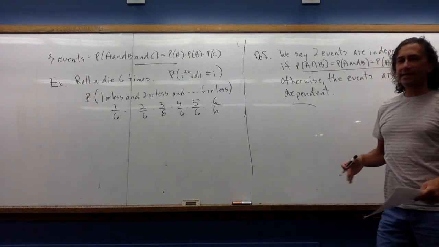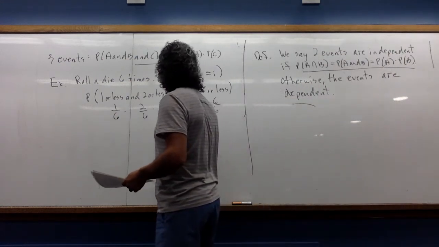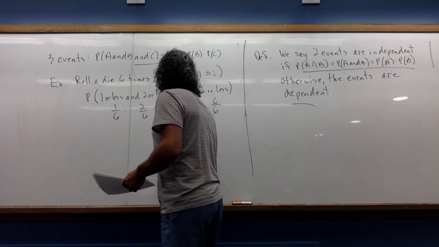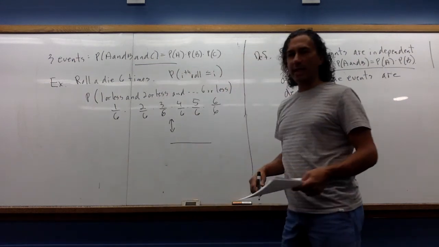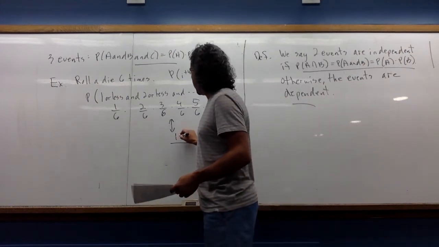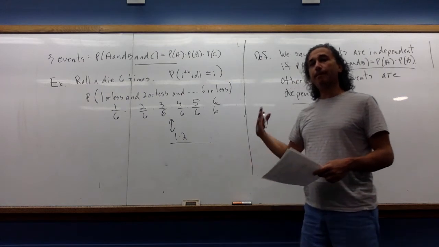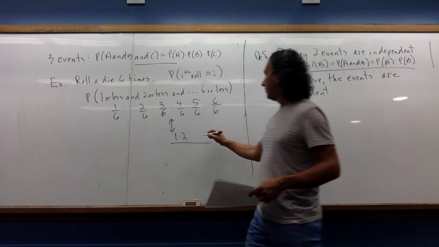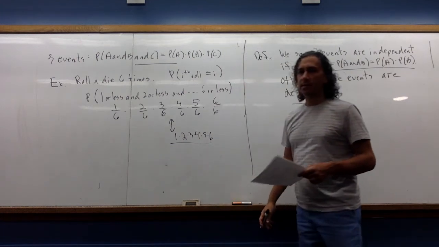Let me also once again tie this back to something that we know. We can also think of this as a counting question. So if it's a counting question, the first one is 1 or less. Oh, there's one way I can do that. The second one is 2 or less. So counting, I'm using the multiplication principle. 3 or less, 4 or less, 5 or less, 6 or less.